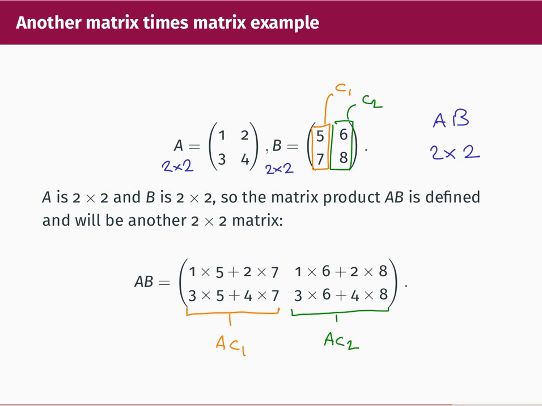That's 1 times 6 plus 2 times 8. That's at the top. And this final part of our matrix will be obtained by doing the second row of A times C2, which is 3 times 6 plus 4 times 8, which is what we've got here. Okay, so if you work those out, then you get the actual entries of AB.